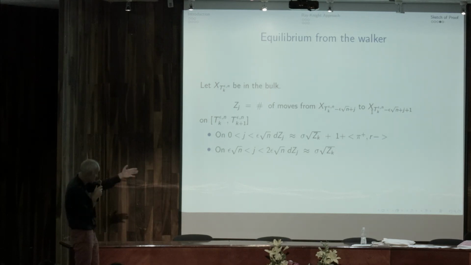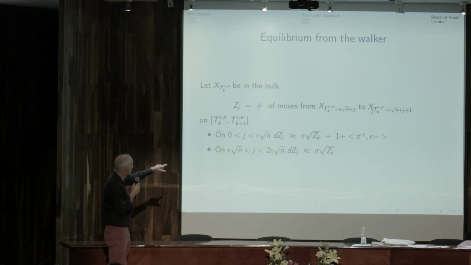What I have, for the reasons explained, is that, oh, there should be a Brownian motion there. What we have, though, is these local times.